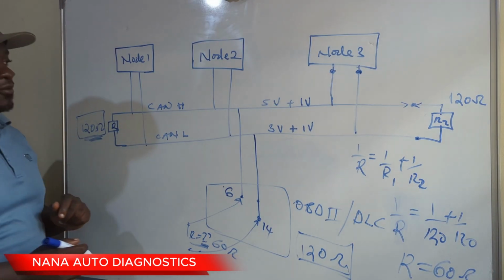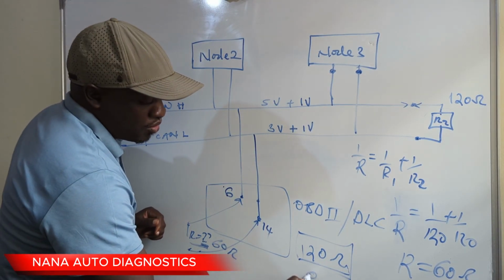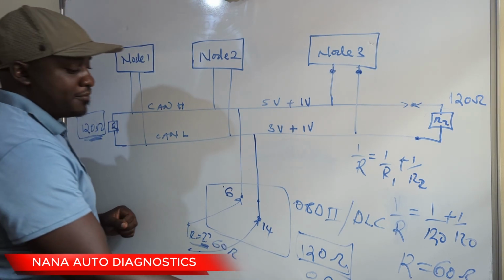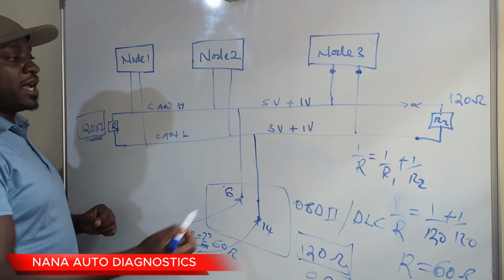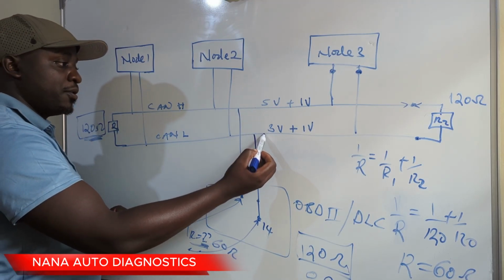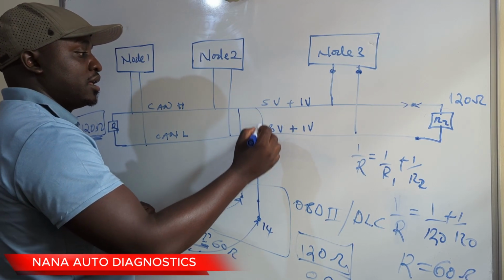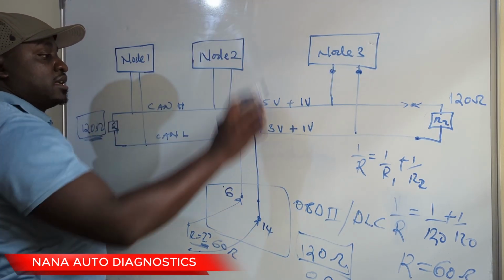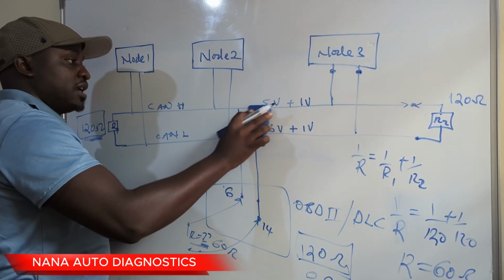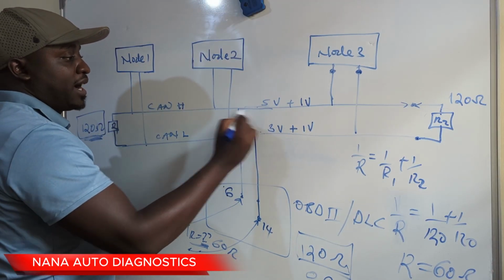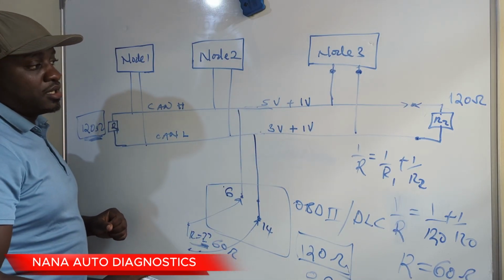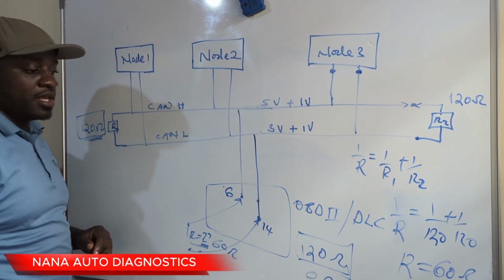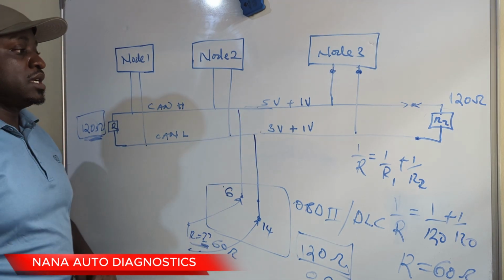On the other hand, if we have 0 ohms, what is the implication if we end up with 0 ohms? Now, if you have 0 ohms, it implies that CAN high and CAN low are shorted to each other. So that is another scenario that you can encounter. Whenever we have CAN high and CAN low shorted to each other, the resistance value between them will be around 0 ohms.